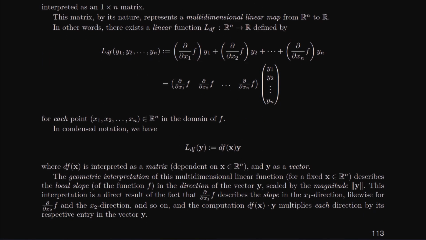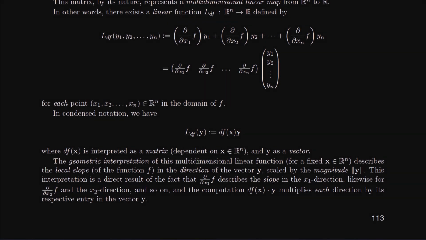So in condensed notation, this linear map, the total derivative has its own input, which we think of as the point in the domain of f, right?